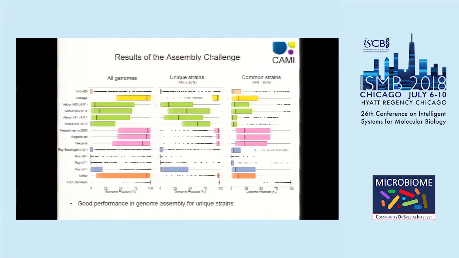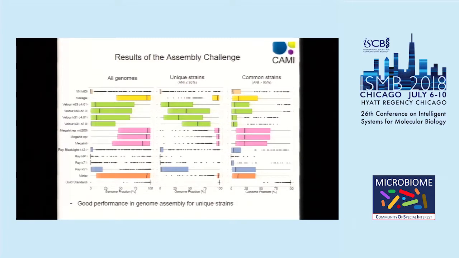And this is what you would expect, because whenever they become too similar, they are either going to be just one sort of consensus genome, right? If it's 99% identical, it will just be collapsed into one genome.